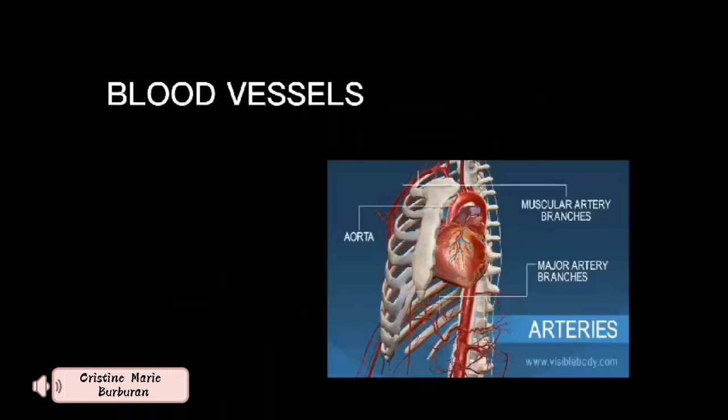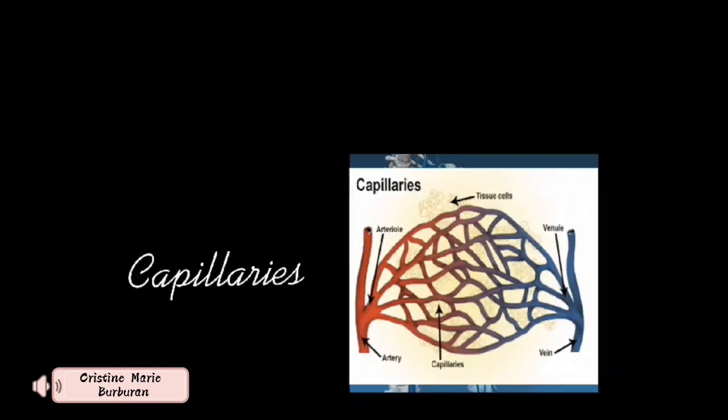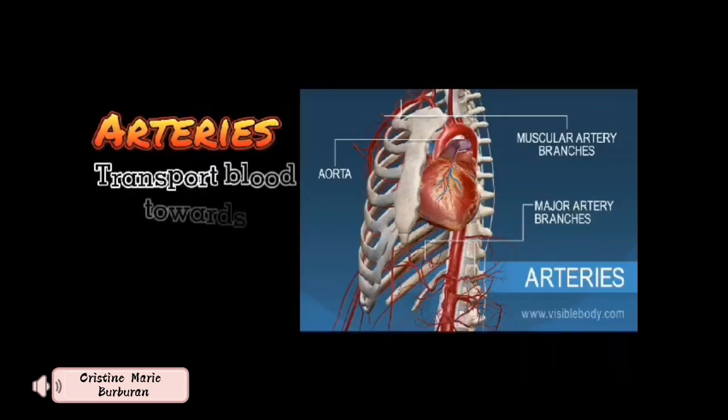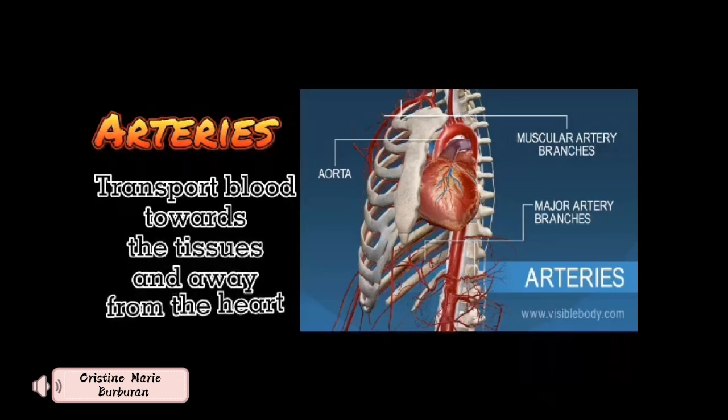So there are three major classes of blood vessels, namely arteries, veins, and capillaries, and they are categorized according to their histological structure. Arteries transport blood away from the heart to the tissues and have thick muscular walls with small internal lumina, or passageways, that can withstand blood under high pressure.